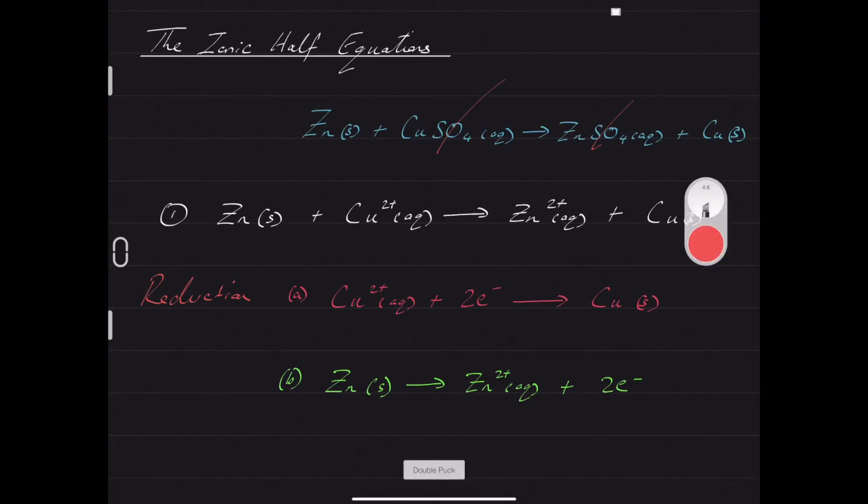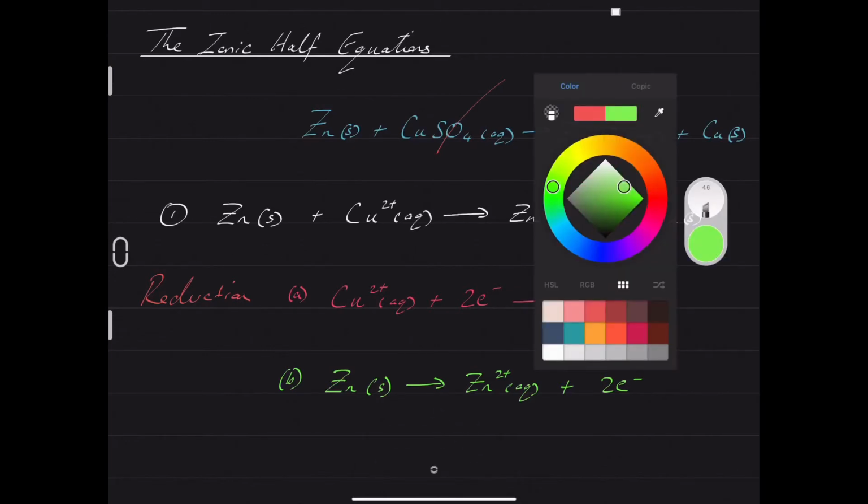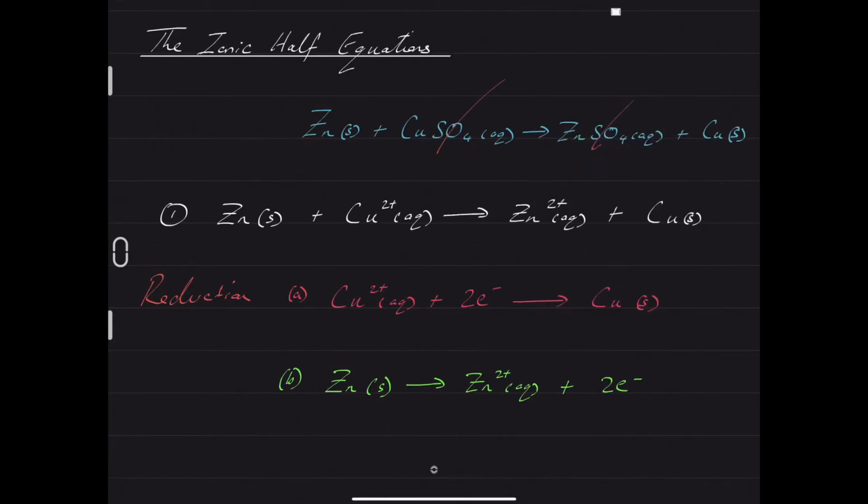Then the second half equation is going to be oxidation. And here we have zinc solid losing 2 electrons, becoming zinc 2 plus in the aqueous solution, and you have the 2 electrons being emitted.